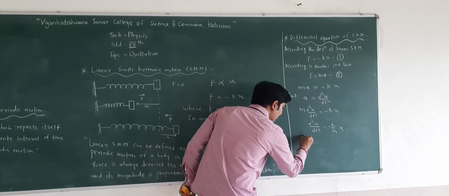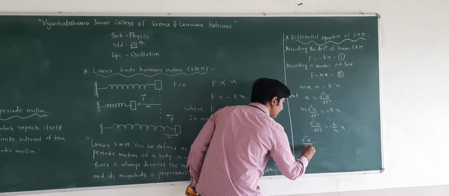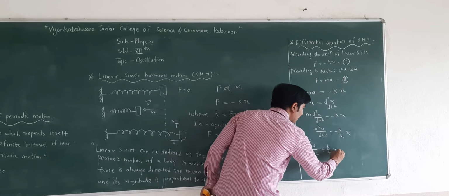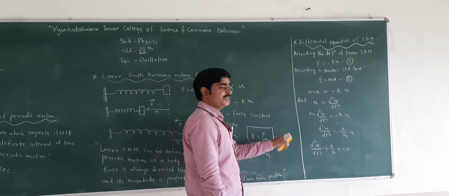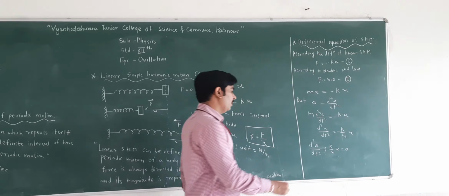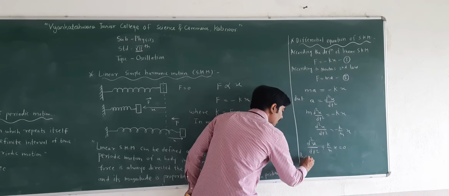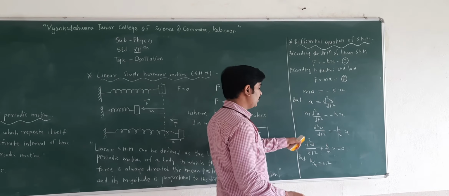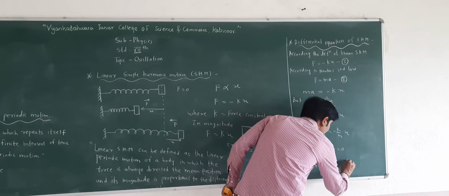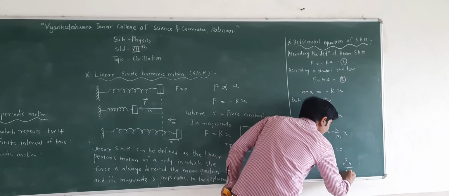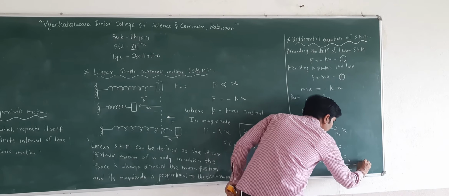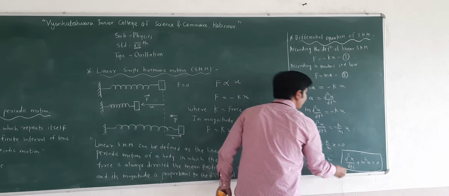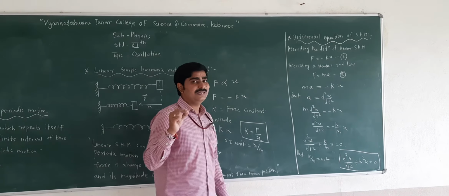Take it on the LHS, d2x upon dt square plus k upon m into x is equal to 0. This is one format of the differential equation. But k upon m is equal to omega square, so the equation becomes d2x upon dt square plus omega square x is equal to 0. This is the differential equation of linear SHM.